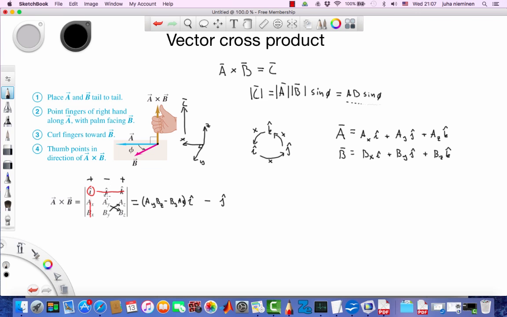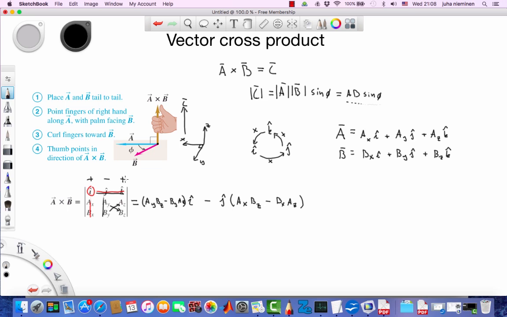And in this case, we are blocking that column and then the top row. So what we are left with then is ax times bz minus bx times az.